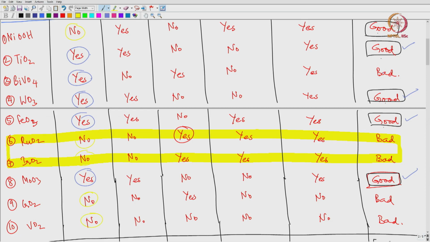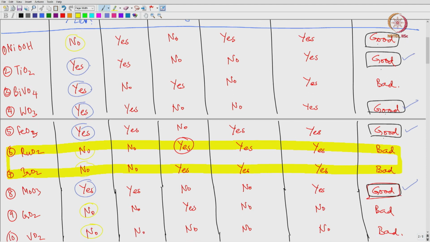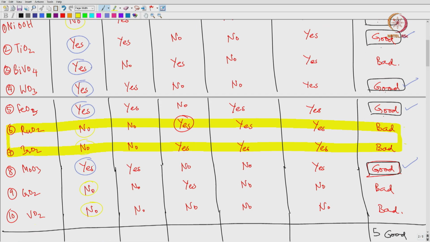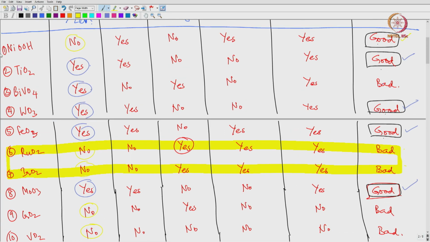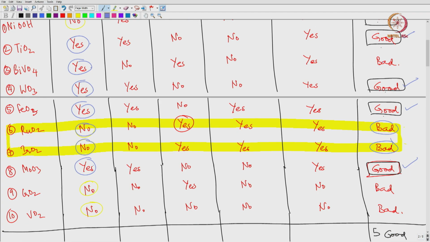So, out of the 5 no ones, 1 is good, this one is bad, this one is also bad. So, so far out of the no's only 1 is good, and then this no corresponds to a bad, this no also corresponds to bad, and then these 2 no's also correspond to bad.